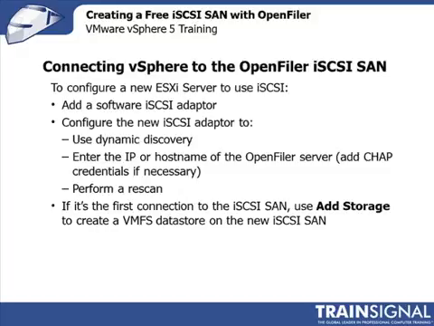Then perform a rescan. And if this is the first connection to the iSCSI SAN, you'll need to go to Add Storage and create a VMFS data store, actually formatting the iSCSI SAN volume with the VMFS file system. So now let me go over to my vSphere client and walk you through these steps, and we'll verify that ESXi can indeed talk to the new OpenFiler iSCSI VSA.